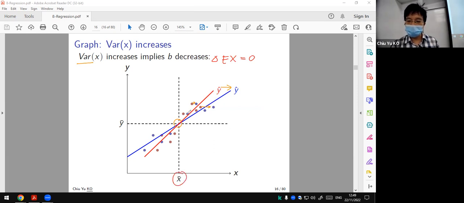So how can you increase the variance? It's just like this one goes here, this one goes there. Keep the mean the same: the one on the left goes more left, the one on the right goes more right. You can easily see that if I keep increasing, it will become a completely flattened line. So that's why it's inversely proportional.